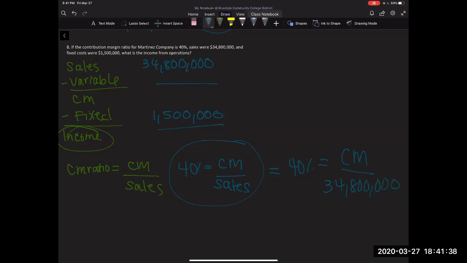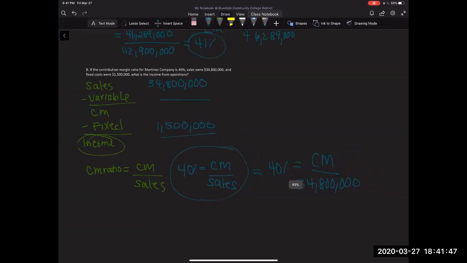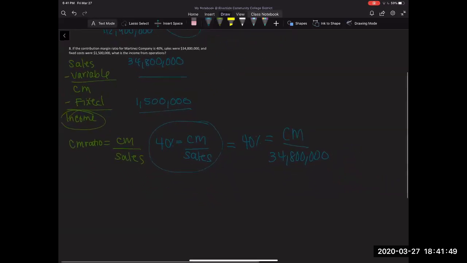If I did a quick multiplication, I can find out my contribution margin. We would multiply each side times the 34,800,000. That would eliminate it on this side, and then we multiply the 40% times the 34,800,000, and that will give me my contribution margin.